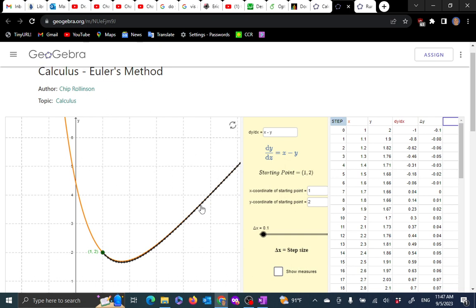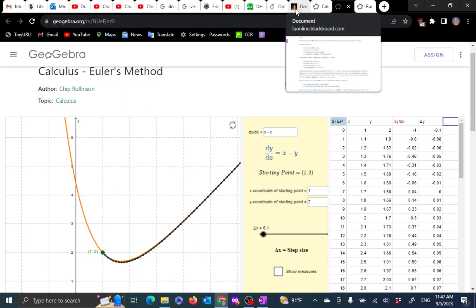So you can control your problem and get your solution. In case the problem asks you to do something for 10 steps or 25 steps or 100 steps, then it is advisable to use one of these web apps. So thanks to Chip Rawlinson, who has made this available to us.